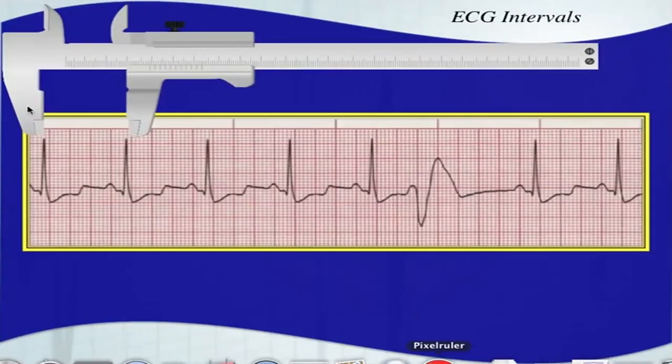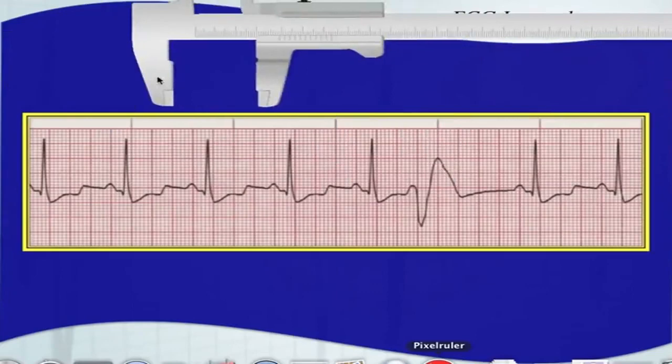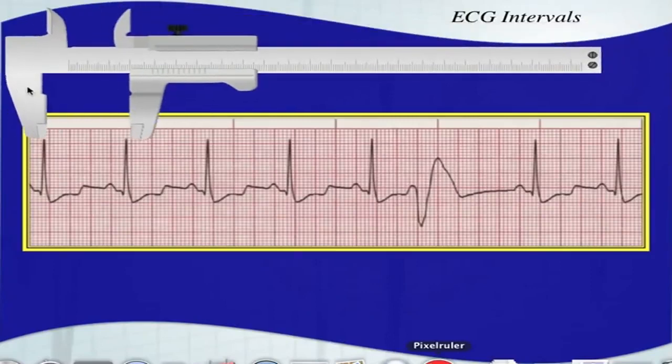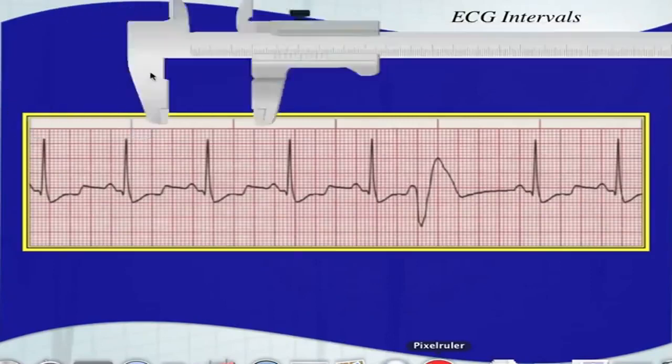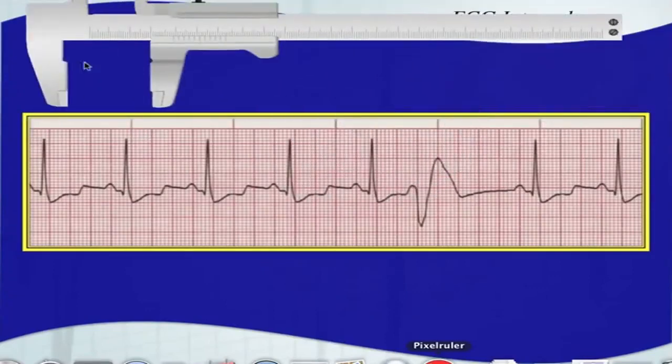So the underlying rhythm is regularly regular, and then you have what appears to be an ectopic beat. And you're going to learn more about ectopy later on. So this rhythm, if you wanted to call it regularly irregular, it wouldn't really be true because there's no pattern here. Unless this keeps occurring throughout the rhythm, there's no pattern. So the underlying rhythm is regularly regular. Okay, there's no irregularity except for that single beat there.